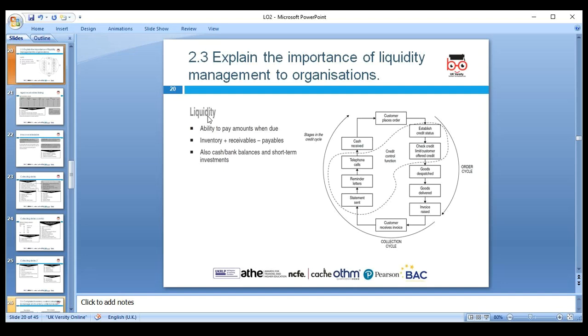Maybe the customer can pay 20 days early, so for 20 days our cash flow will be increased, because in business cash really matters. Cash is the lifeblood of business. So establish the credit status, and set the credit limit. These are all the steps we can follow, as indicated in this picture.